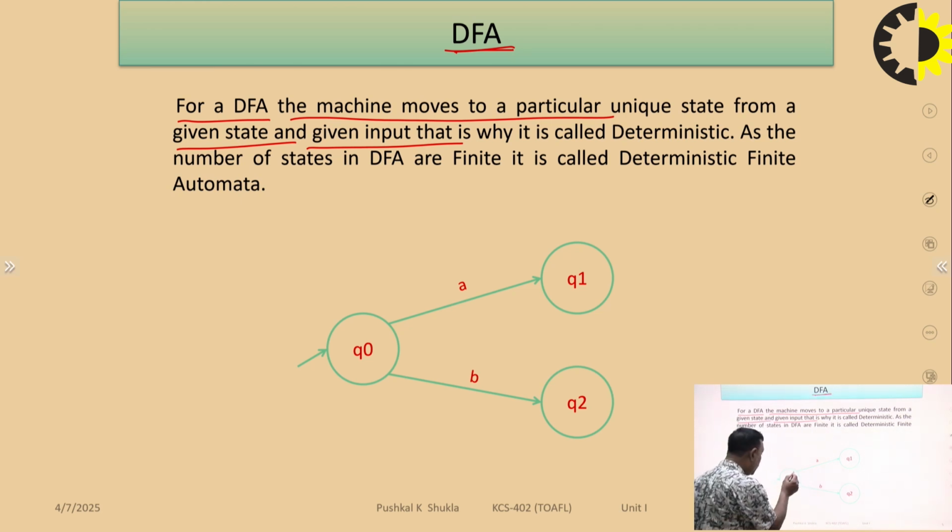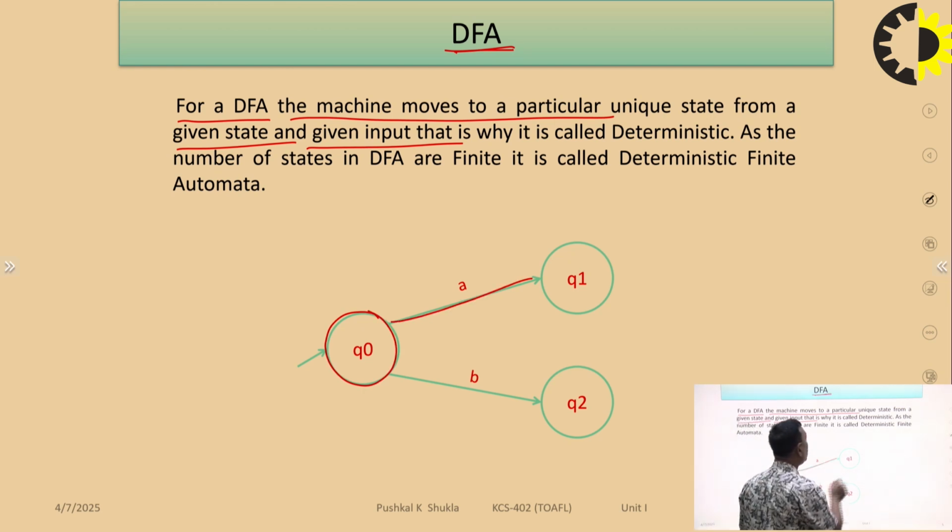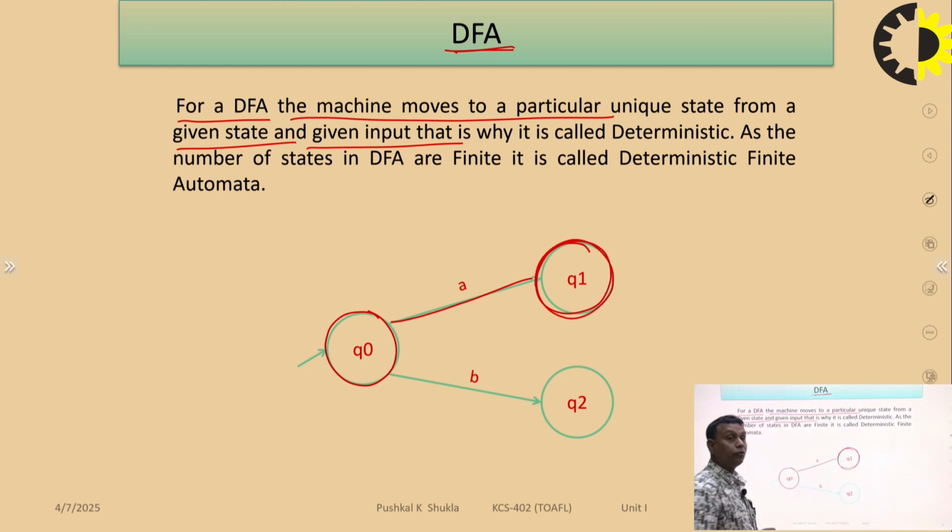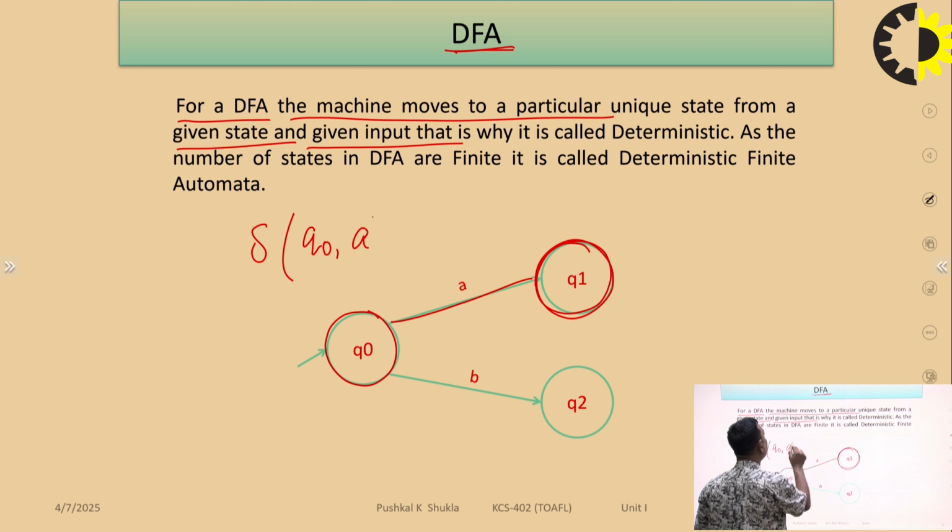Here we see that for a given state Q0 and a given input A, it goes to a particular state Q1. We can write this through the transition function, delta, which represents the transition function: the current state is Q0 and the input given is A, so it goes to the fixed state Q1.